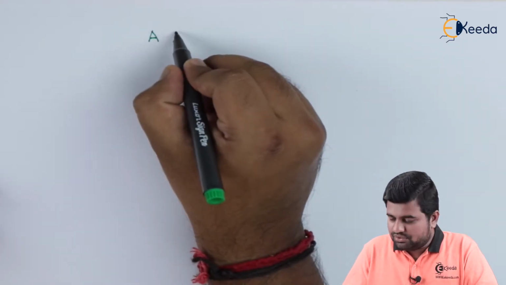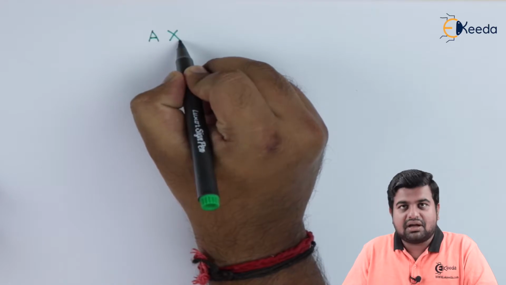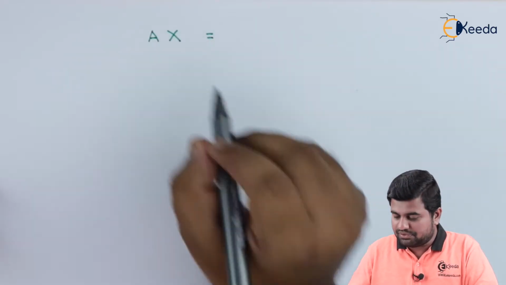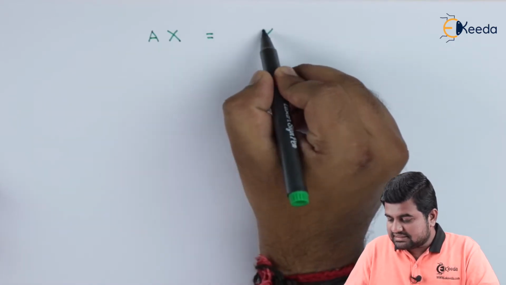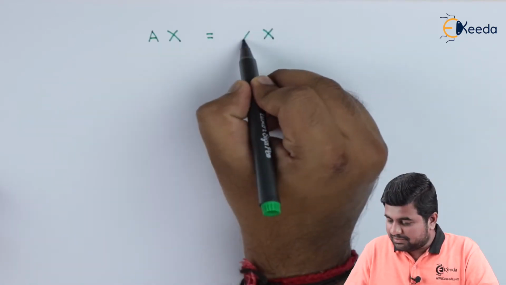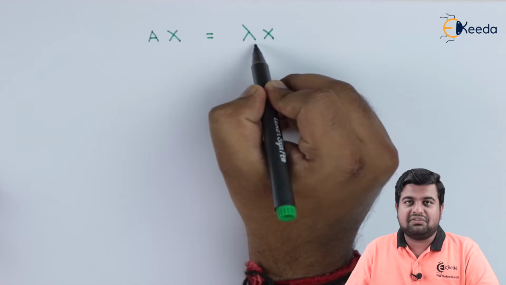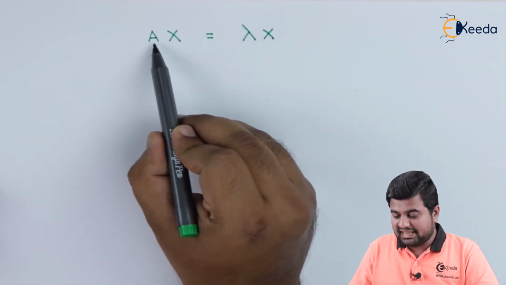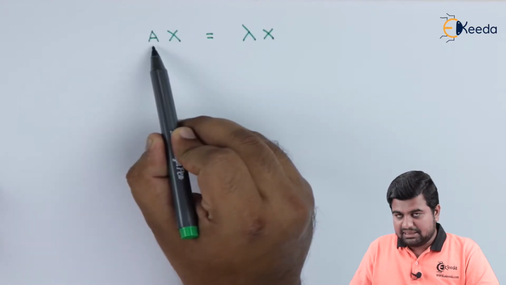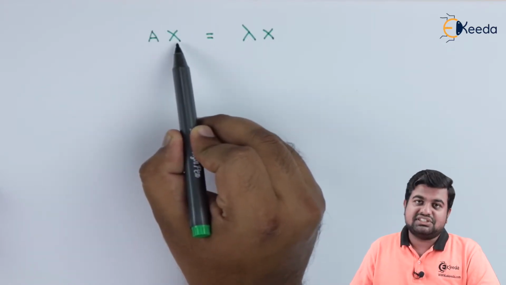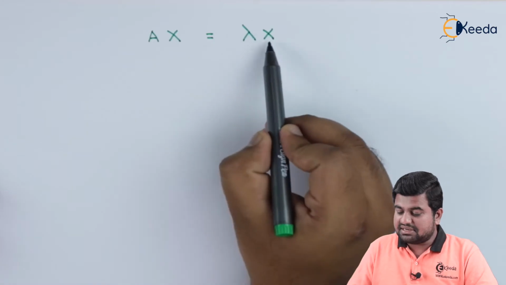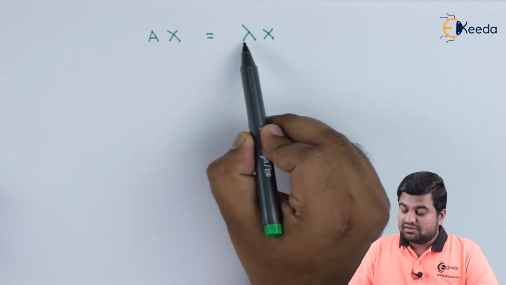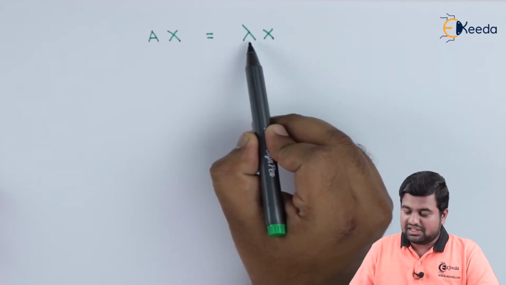So A into its respective eigenvector X is nothing but the same result it produces when the same eigenvector gets multiplied by the respective eigenvalue. That means when we are multiplying A matrix with the X, which is the eigenvector of the matrix, the same result it produces when we multiply the same eigenvector with its respective eigenvalue.